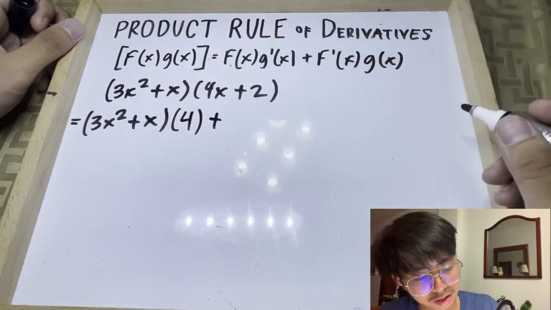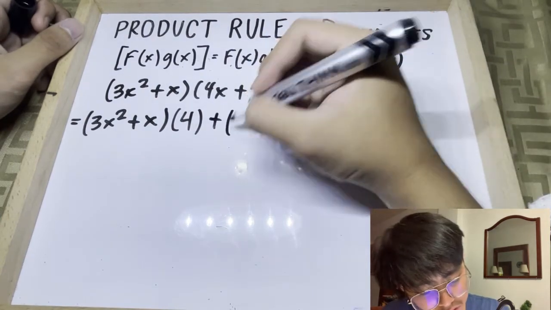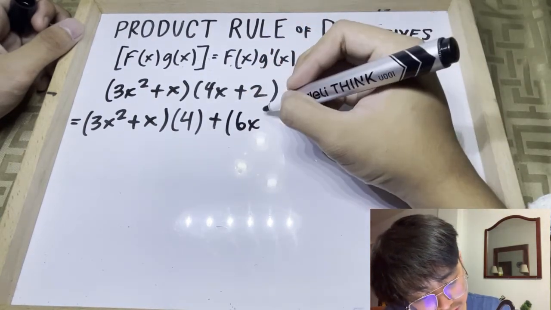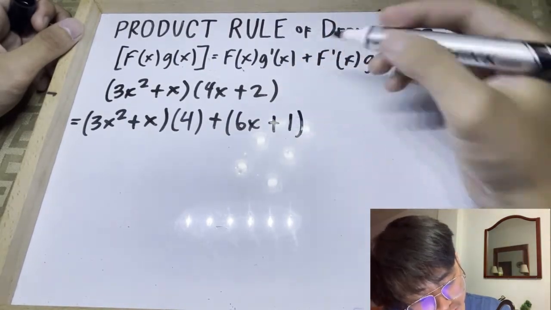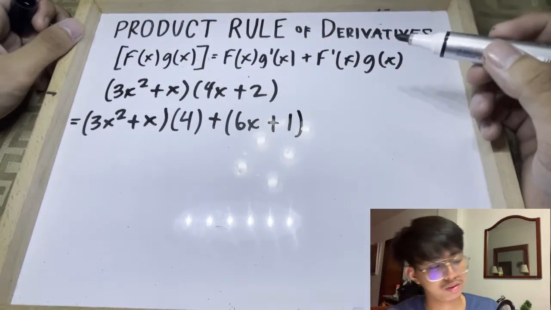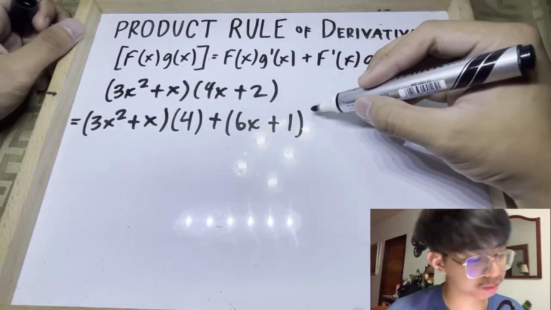Then add a plus sign here. Then get the derivative of the first term, which is 6x plus 1, since it is x. And then copy the second term.